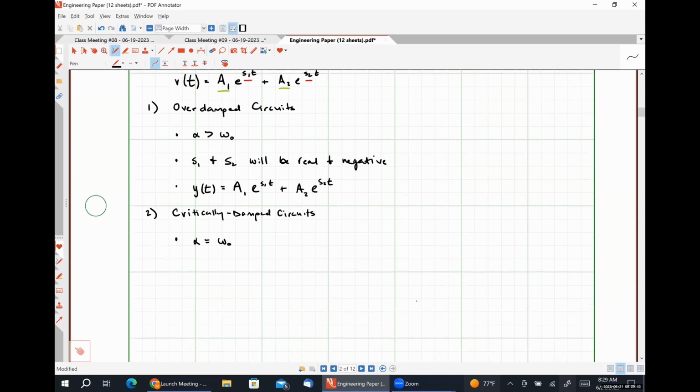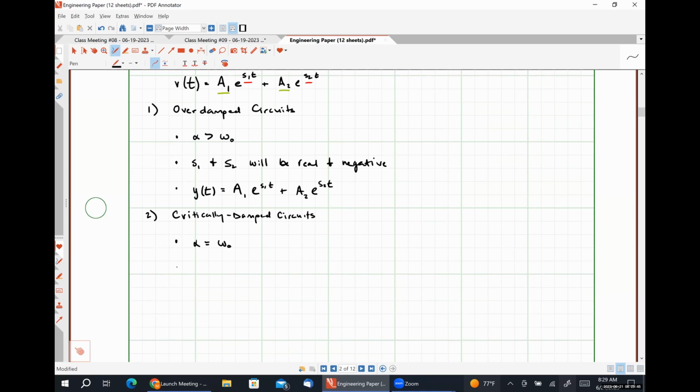Okay. So if alpha is equal to omega naught, S1 will be equal to S2 will be equal to simply alpha. So effectively, our characteristic equation has a repeated root, okay?